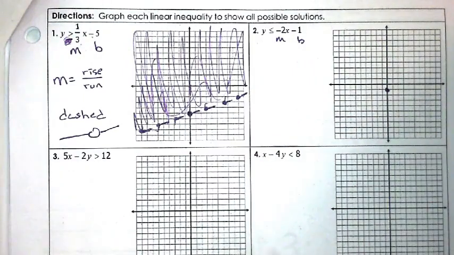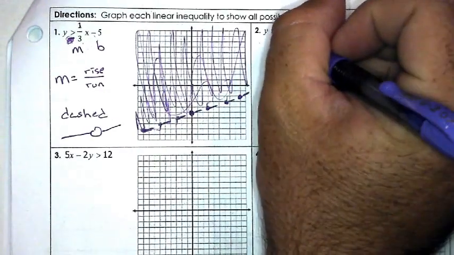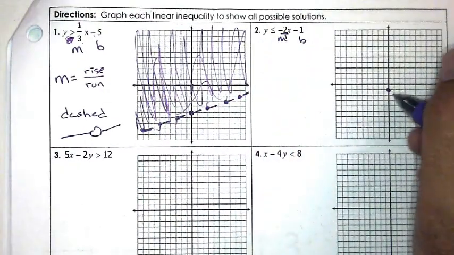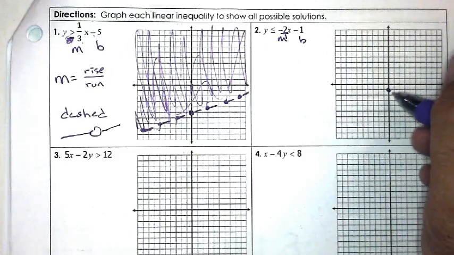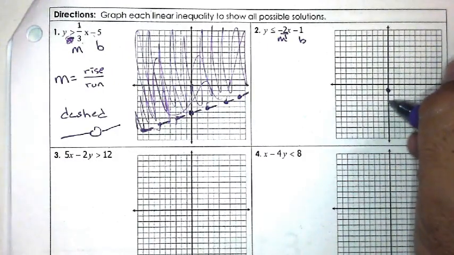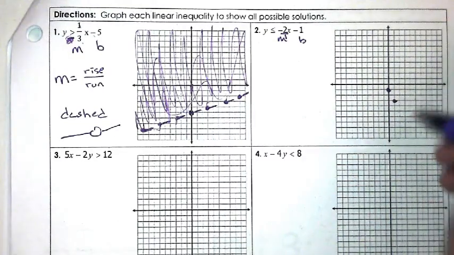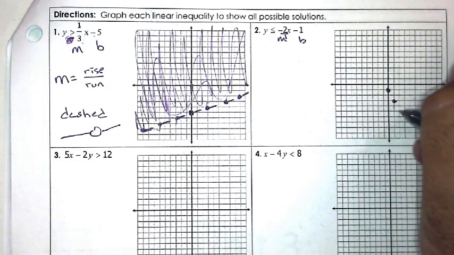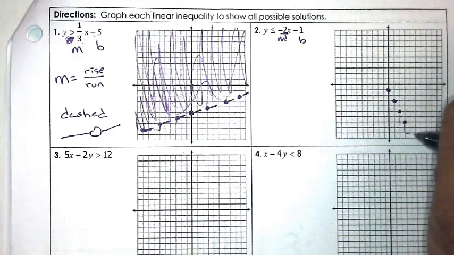But I can make it a fraction by putting it over what? 1. So that means I have a rise of -2, which means I go down, and then I have a run of +1. I like to do multiple dots when I'm doing linear inequalities, just so when I create my line, it's easier.